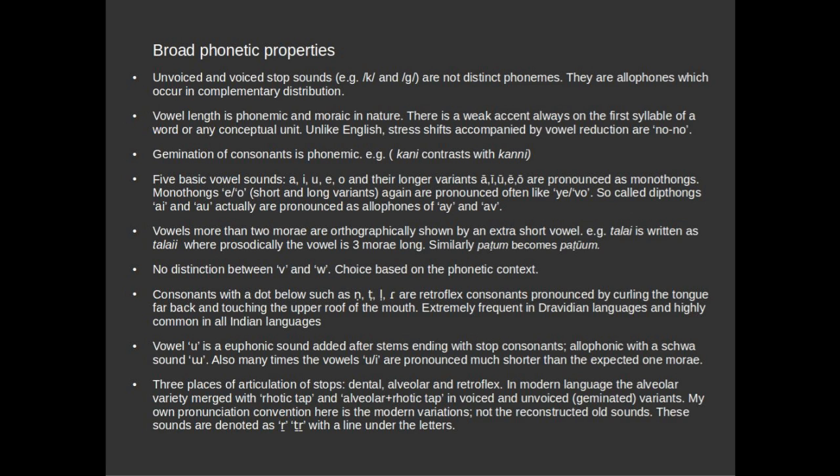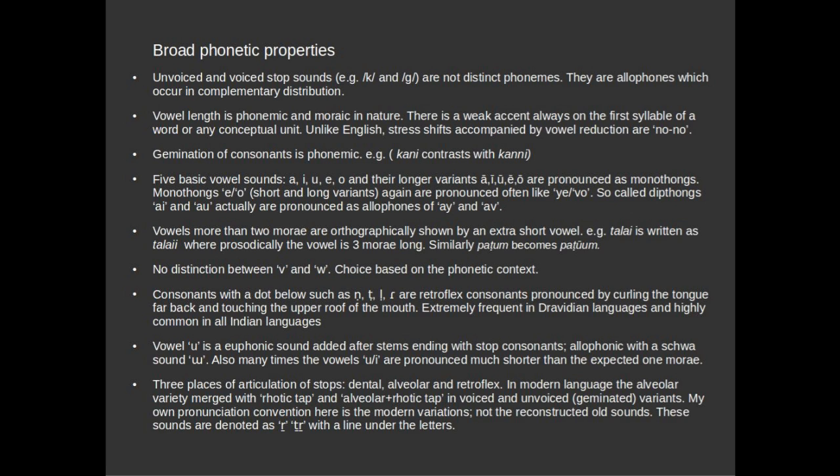You know clearly, in such and such context, it would be unvoiced, whereas in such and such context, it would be voiced. For example, in the beginning of a word, the stop consonant is always unvoiced, whereas in the intermediate intervocalic position, somewhere in the middle, it is always voiced.